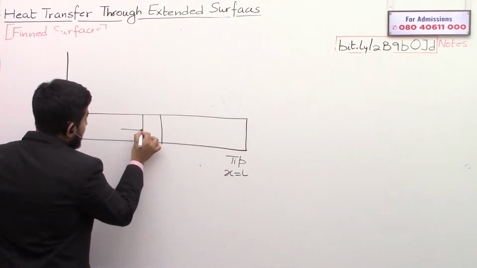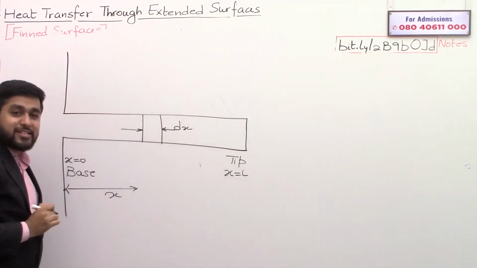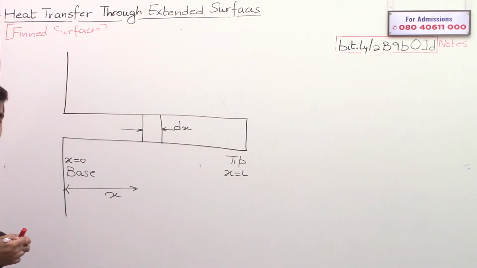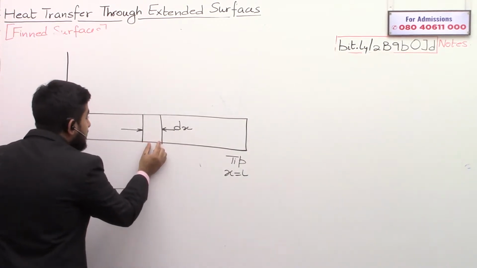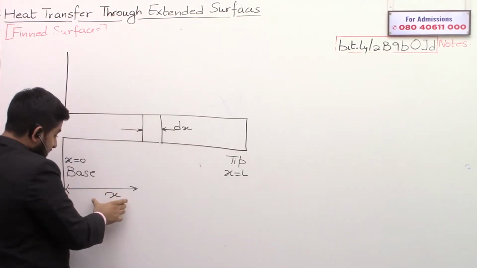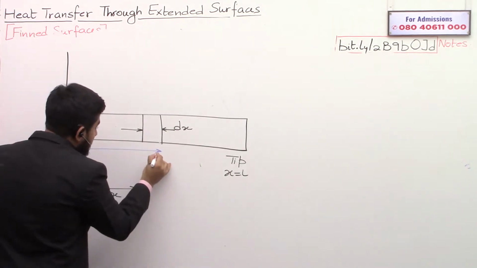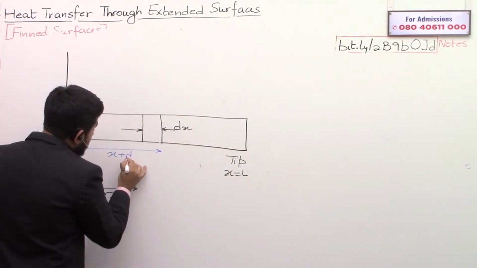But the thickness of the element is very small, and its thickness is dx. So basically this element is made of two sections: one section is x, and the other section is x plus dx. I hope there is no doubt in it.